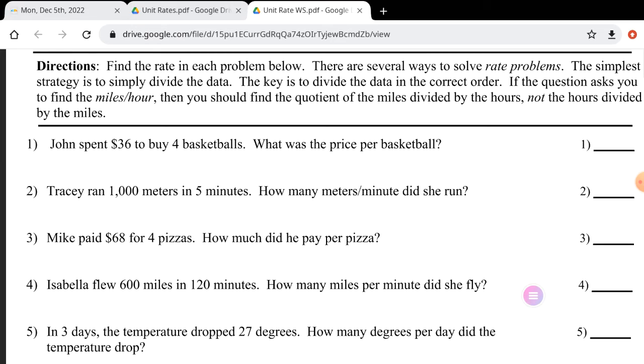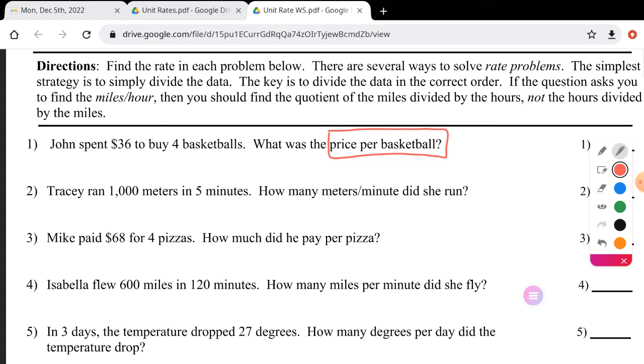So number 1, John spent $36 to buy 4 basketballs. I've already taught you it's always price over product if money is involved, okay? But also the question gives you the order of your ratio. What was the price per basketball? I want you to circle that. Price per basketball.